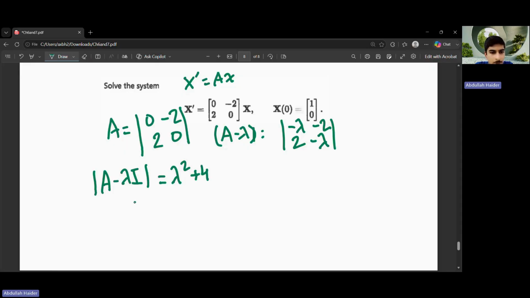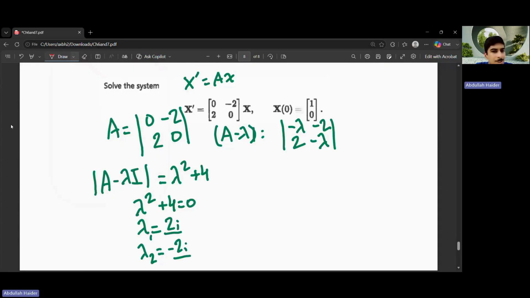And if I make this equal to 0, lambda square plus 4 equals 0. I get lambda equals 2i: lambda 1 is 2i, and lambda 2 is minus 2i. So you can see here that these lambdas are complex values.